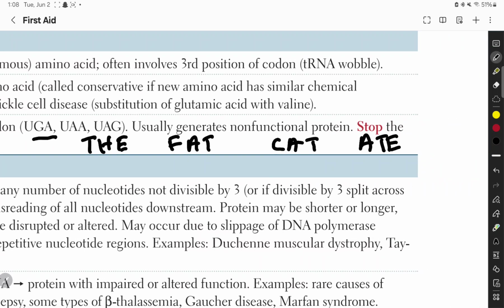Right, so what happens is, what if this is deleted or these two are deleted? So how would the reading frame look like? The reading frame still reads 3 amino acids together, so it would look like this. These are removed.